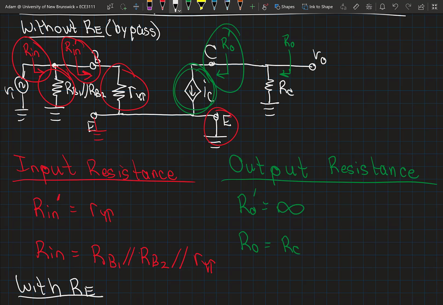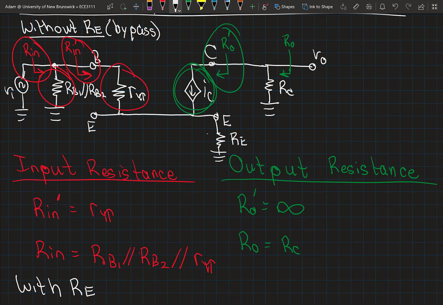So no bypass resistor around RE. Your first thought might be, let's just go up to our hybrid pi model here, and let's replace this connection to ground with this emitter resistance, and reevaluate our input resistance.